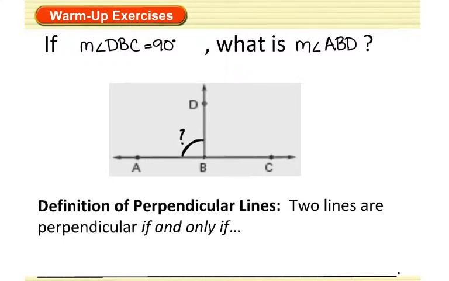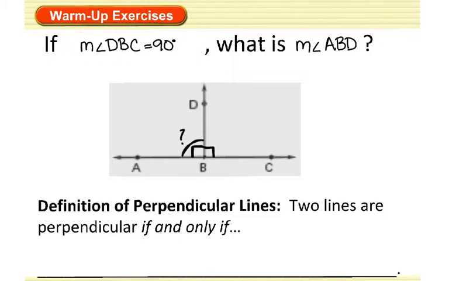If we know this one, DBC, is 90 degrees, well, since ABD and DBC are a linear pair, meaning they're supplementary and add up to 180, the only other thing that this angle over here could be is another 90-degree angle. So we're going to be going a little bit further, and there's a theorem about this right here.